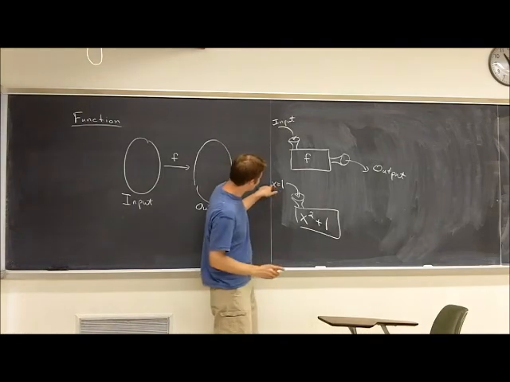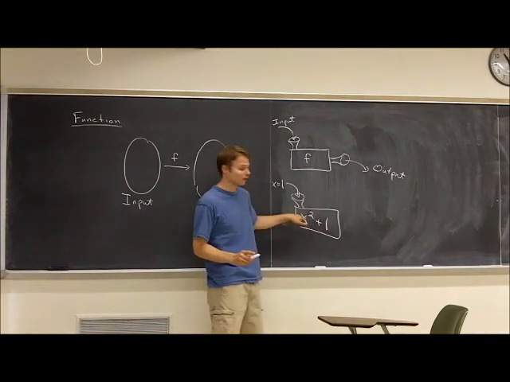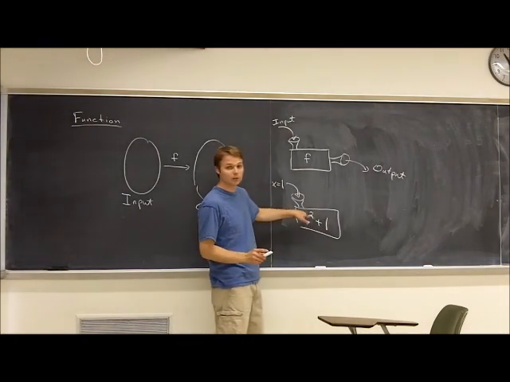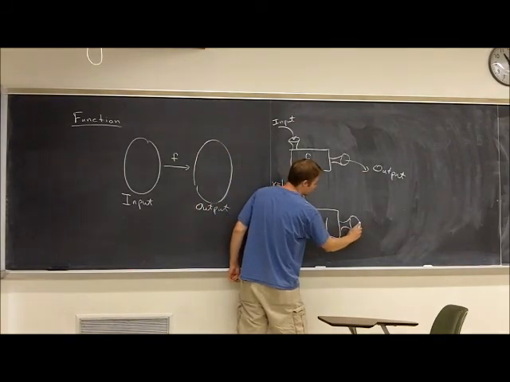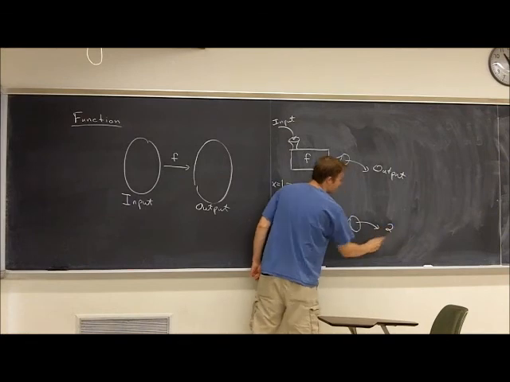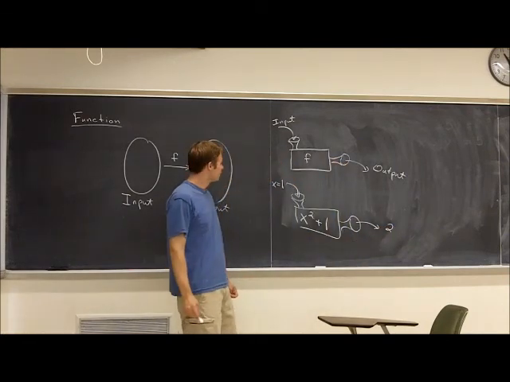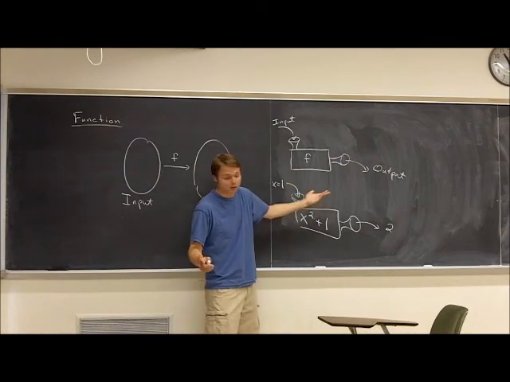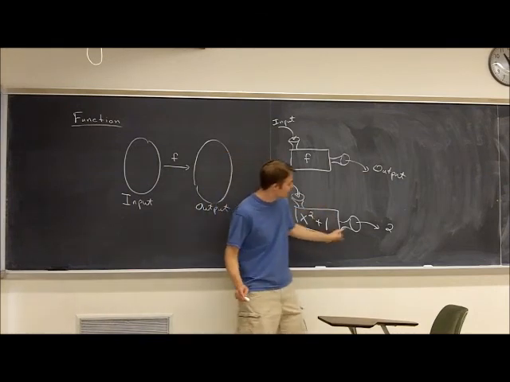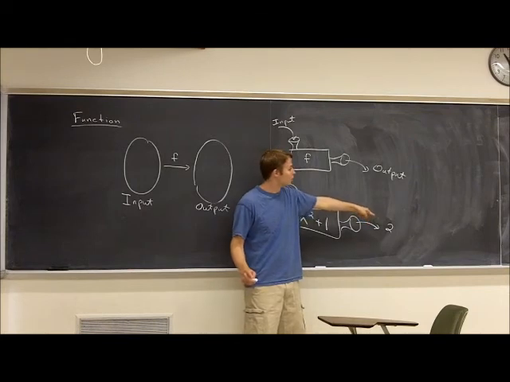So I put in x equals 1, and then my instructions tell me to square it and add 1. 1 squared is 1, and then 1 plus 1 is 2. So that means that my output from this machine is 2. So my input is 1, I have a function that is some set of instructions, and then I get this output of 2.